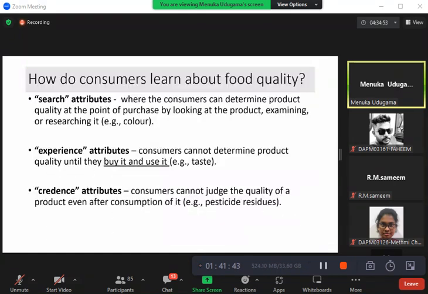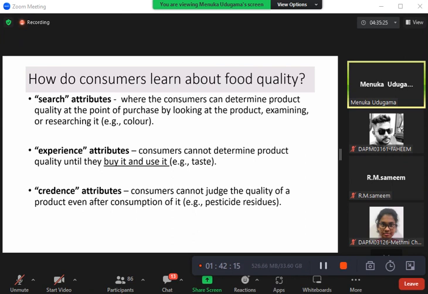Right, so the food industry or agri-food industry is an industry where we see a lot of misinformation or asymmetric, unbalanced information. Right. So if you are to learn about the quality of a product, we say we learn the quality using 3 types of attributes. One is called search attributes, where the consumers can determine the product quality by looking at the product, right?